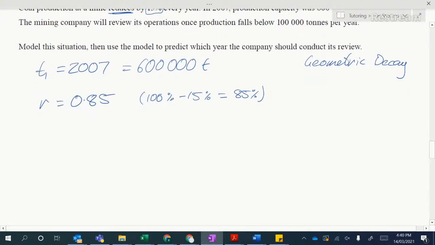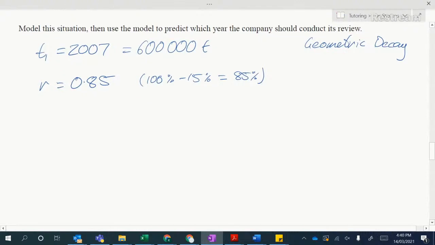All right. There's actually 2 ways you can answer this question. You can use the general rule and then use trial and error. So you could write it like this: Tn equals 600,000 times 0.85 to the power of n minus 1.